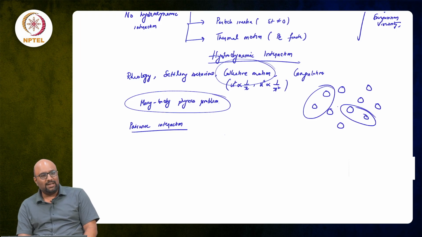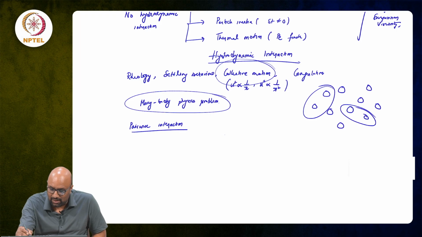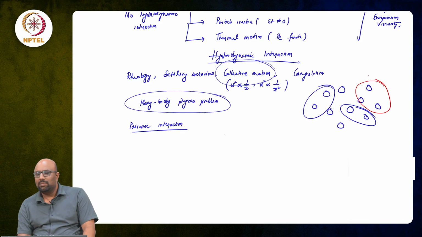And how do we decide that? That is decided on the volume fraction or the number density of the particles. As you keep increasing the volume fraction, 3 particle interaction, like 3 particles participating in an event, becomes likely. So, we are looking at a concentration at which such 3 particle encounters or more than 3 particle encounters are extremely unlikely. We are only looking at pairwise interaction.